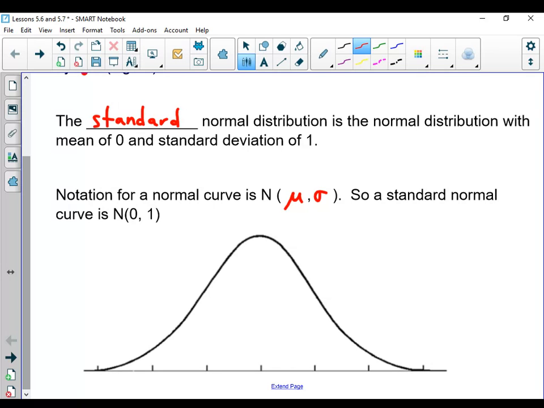The first value, it's going to look like an ordered pair, but the first value will be our mean, and the second value will be the standard deviation. So if I'm talking about a standard normal curve, it would look like this, where they give you a capital N, they'd say 0, because that's the mean, and they'd say 1, because that's the standard deviation.